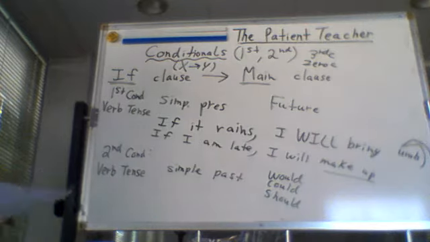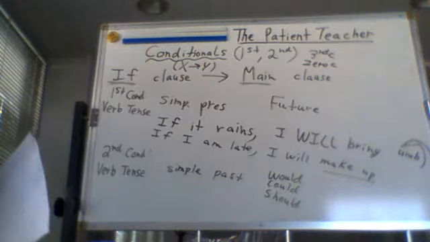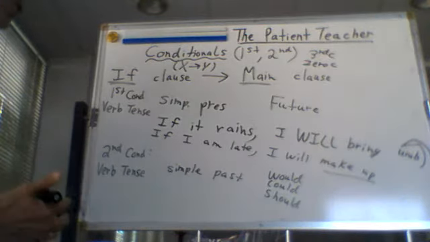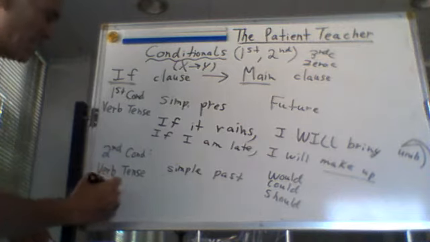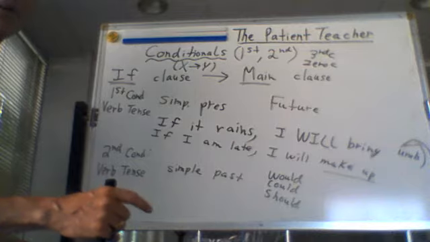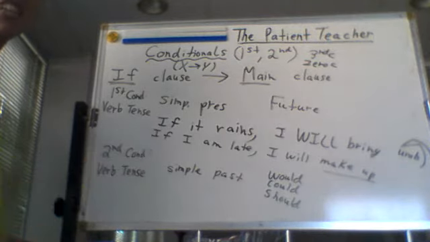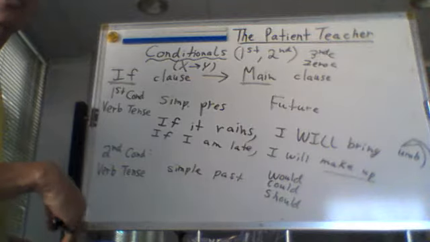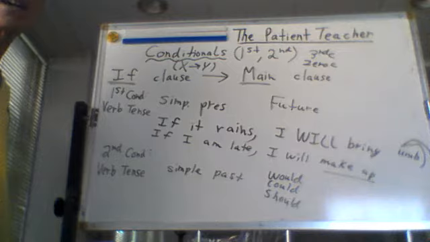Would, could, or should. So it's important to remember here that the second conditional is something that most likely won't happen, right? There's a small chance that it could, but you're indicating that it's most likely that it won't happen, okay?